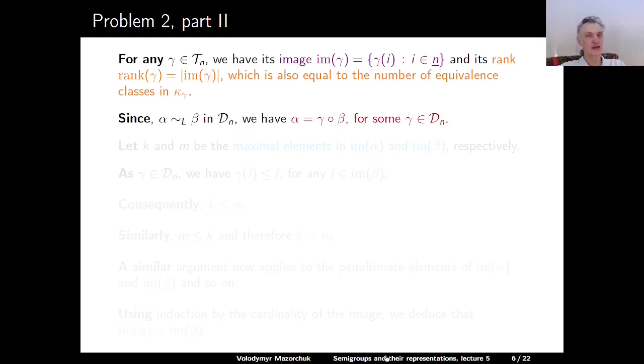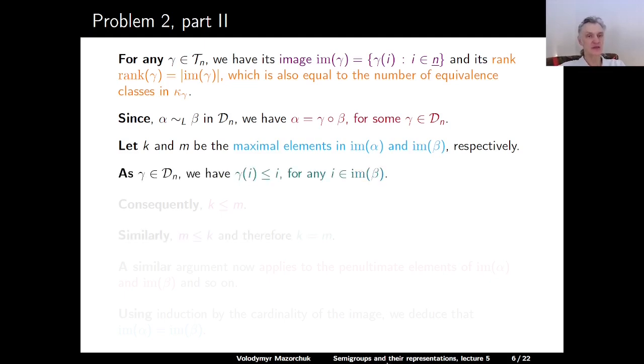So now we have two elements alpha and beta in Dn which are left equivalent. So in particular, from our characterization of left equivalence, alpha is equal to gamma after beta for some element gamma in Dn. Let us denote by k and m the maximal elements in the image of alpha and in the image of beta, respectively.